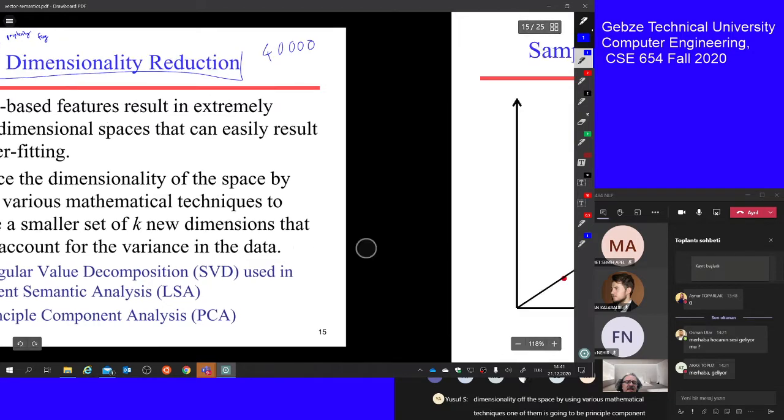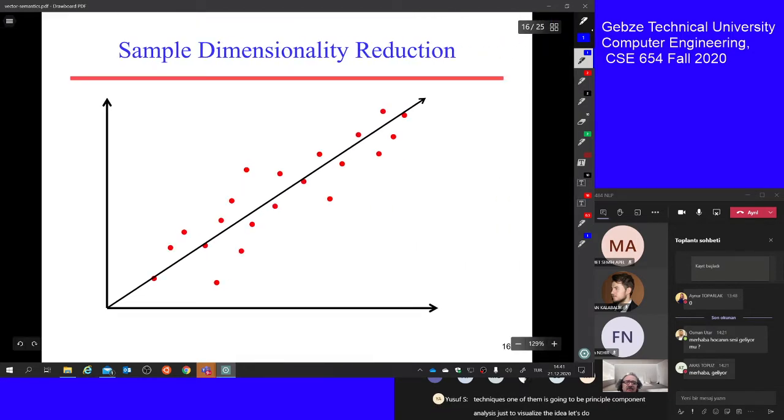Just to visualize the idea, let's look at this two-dimensional world. This is my dimension 1 and dimension 2. As you see, all the data points in this simple two-dimensional world are around this direction. Let's say this direction is L1.